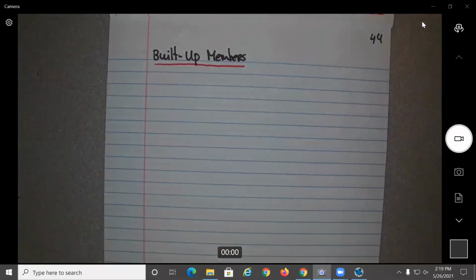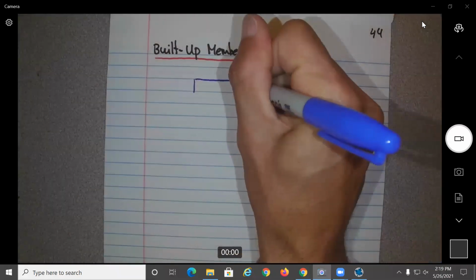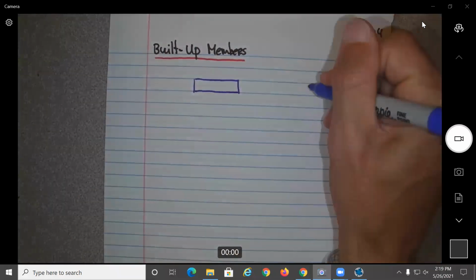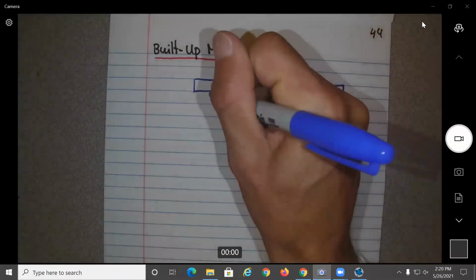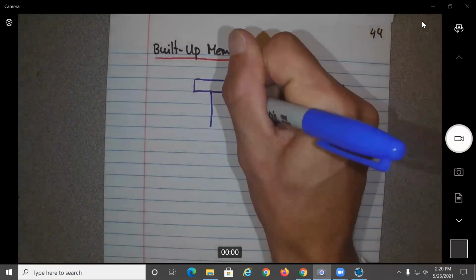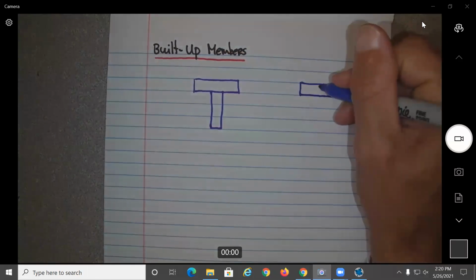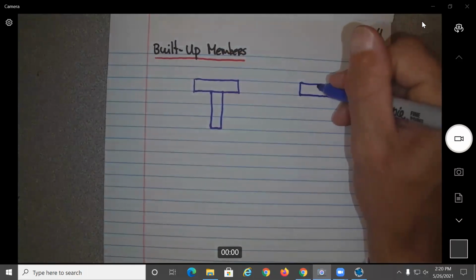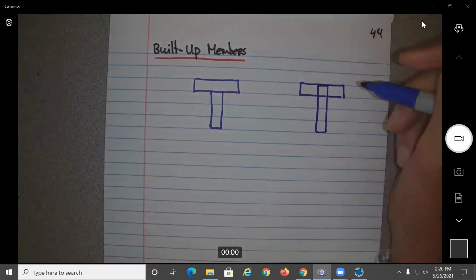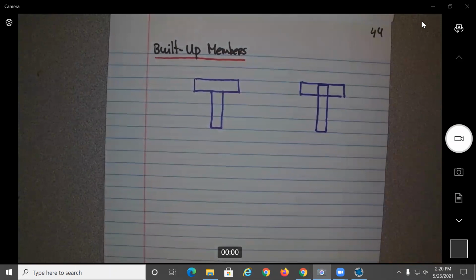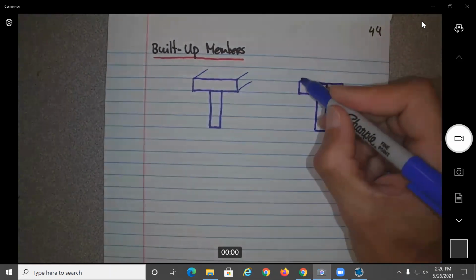As an example, let us just consider the same cross section that we had before, which is the T section. What would be the two ways for you to create a T section? I'm thinking about this in 3D, but I'm just going to draw it in 1D.